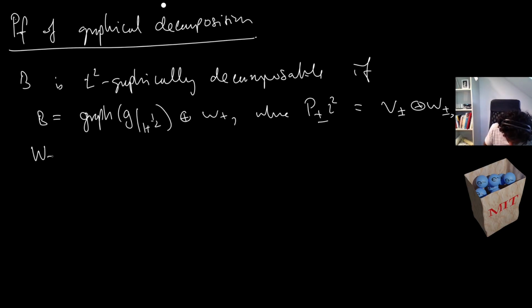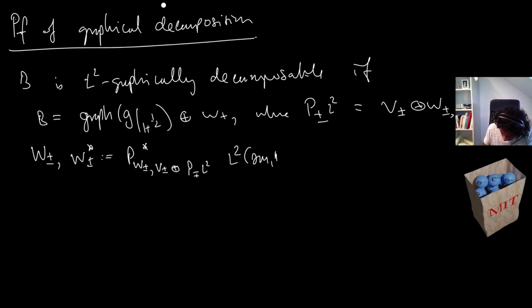And the w plus minus and the w plus minus star. So what is the w plus minus star? Well, this is exactly the adjoint. So we define it as the adjoint of the projector that kills this subspace. So what would it be? Minus plus L2. These are acting on L2.